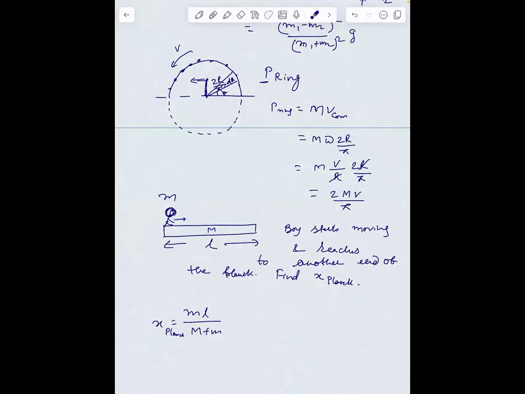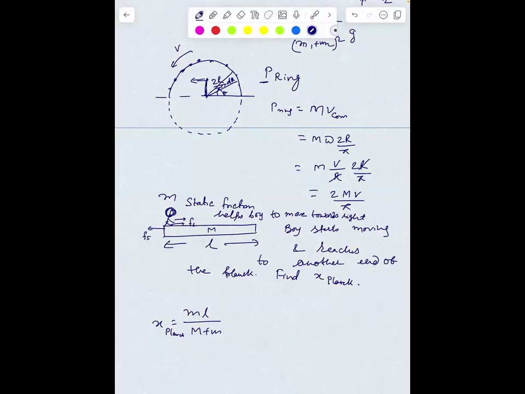Now listen carefully to what I'm saying. Static friction helps the boy to move towards right. This is static friction acting on the boy towards right only, and on the plank it is towards left.